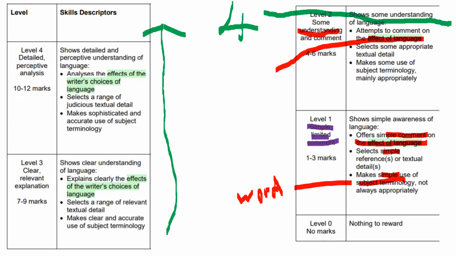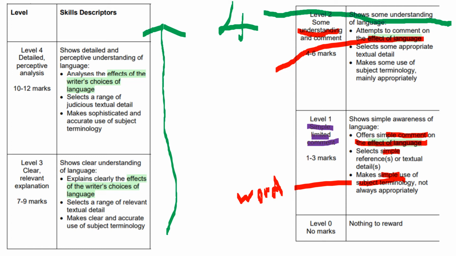So, for example, the writer has used the verb wander to give a sense of how slow everybody moves. That would be enough to get you into that there. Some quotes and some terminology. Look in your bullet points, terminology is pretty low on the bullet points.